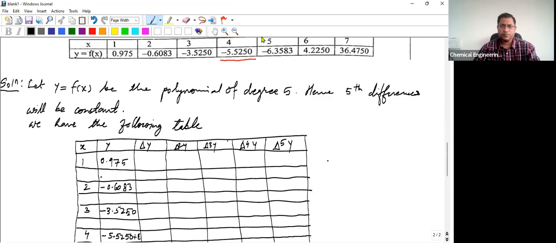Calculate this table. So I hope all of you are ready with the table now. So your table should look like this.